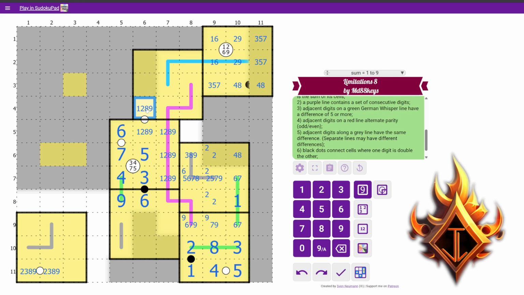Whatever this one is, whatever that is, has to go there. But it could be the 9, you see. And if it's not, then it could go on the line.